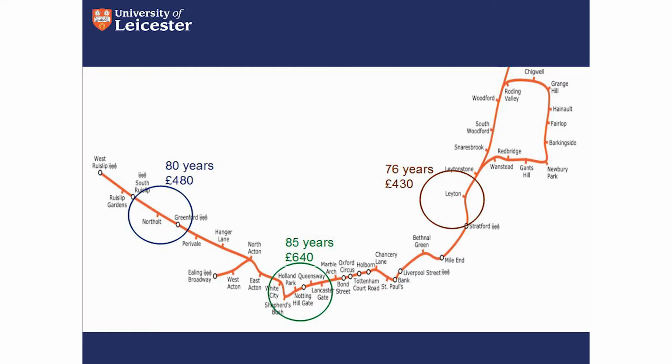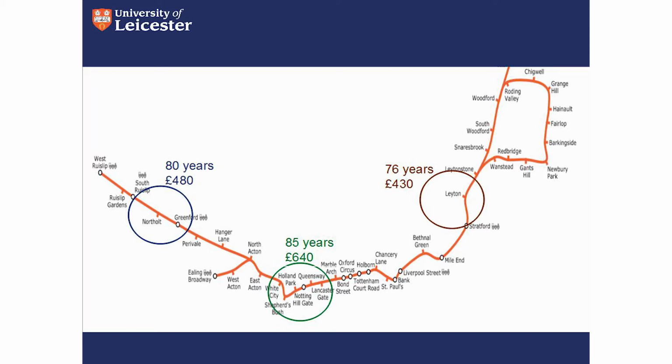A person living in the blue circle has a life expectancy of 80 years. And if you trundle along the tube line a little bit further into the centre of London, people who live there can expect to live a further 5 years. And if you pass the centre and go out again to the east, life expectancy drops. So the link between where you live, the geography, and life expectancy is quite powerful there.